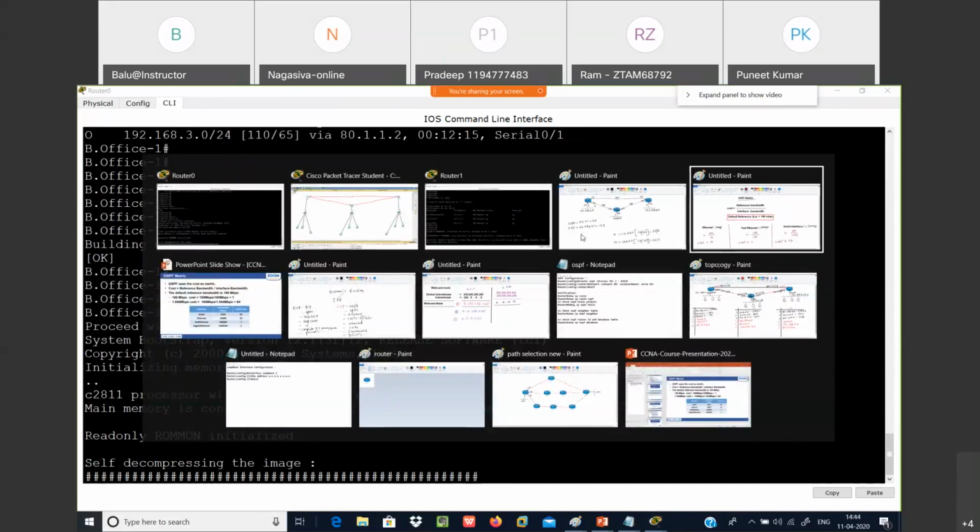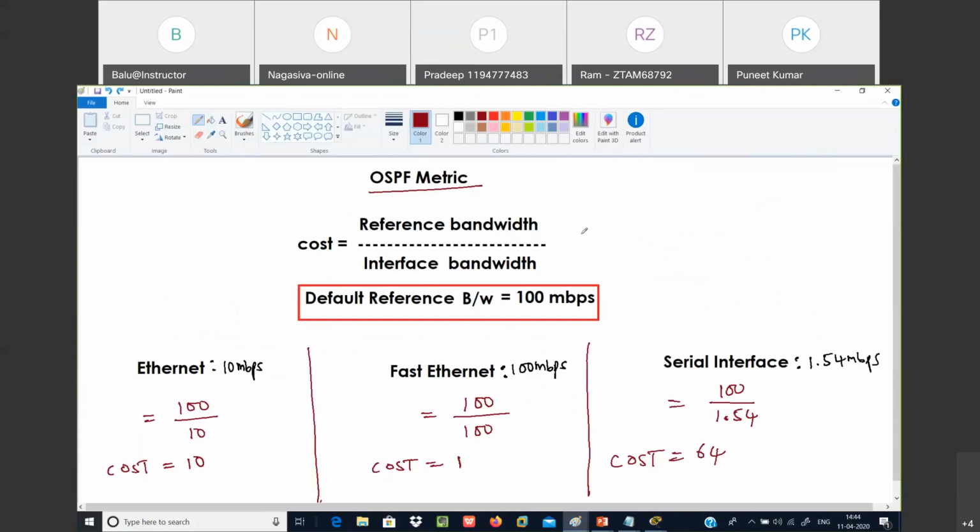Copy this formula to calculate the OSPF cost. Just restart the router and we'll continue. Meanwhile, you can copy the OSPF metric cost formula: reference bandwidth divided by interface bandwidth, and the default reference bandwidth is 100 Mbps. Ethernet cost is 10, FastEthernet cost is 1, and the serial interface cost is 64.